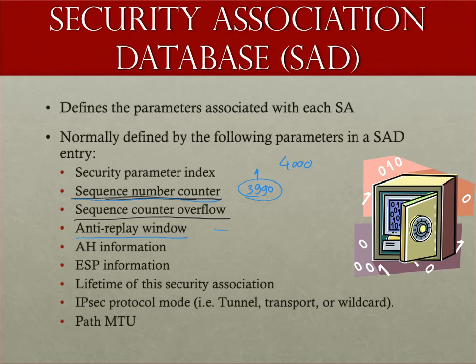So when you arrive on the other end, you have to mitigate the replay attack somehow. And for mitigating the replay attack here, we need 3 fields. So this sequence counter overflow is like a flag to indicate that I detected a duplicate packet. Okay?